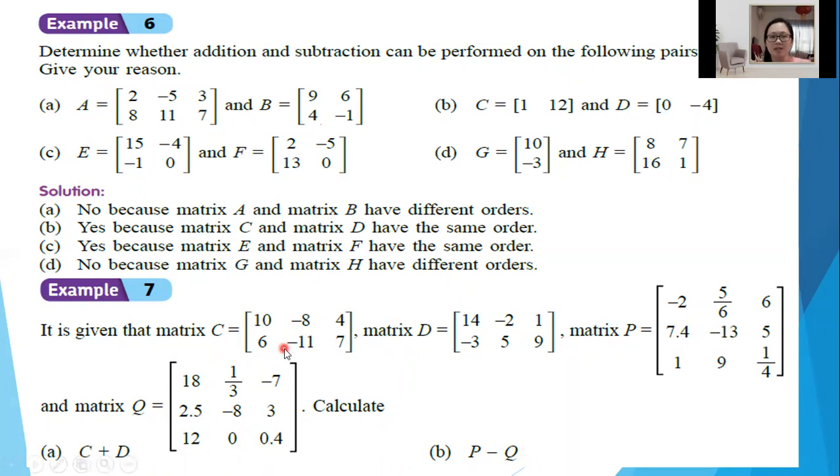C is 2 row, 3 column. D is also 2 row, 3 column. So we can add them together. P is 3 row, 3 column. Q is also 3 row, 3 column. So we can do the subtraction.